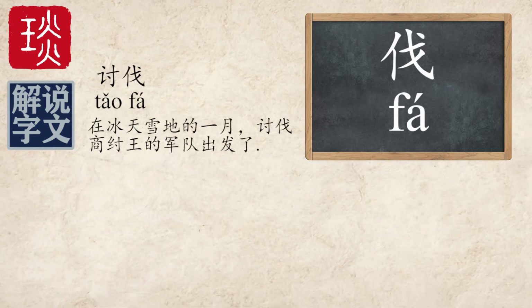He is attacking. 伐, 讨伐 attack. 在冰天雪地的1月，讨伐商纣王的军队出发了。Because this person is holding an axe, he could also be cutting the timber. 伐木.